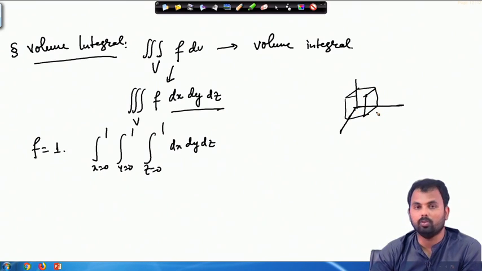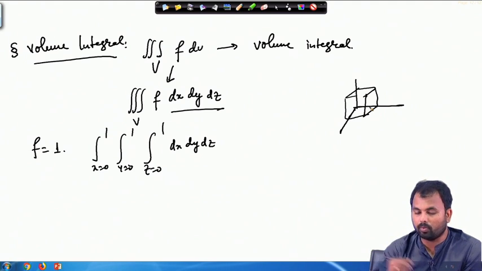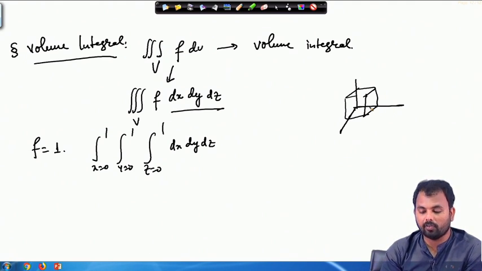So, basically this cuboid. That's what we mean by volume integral.